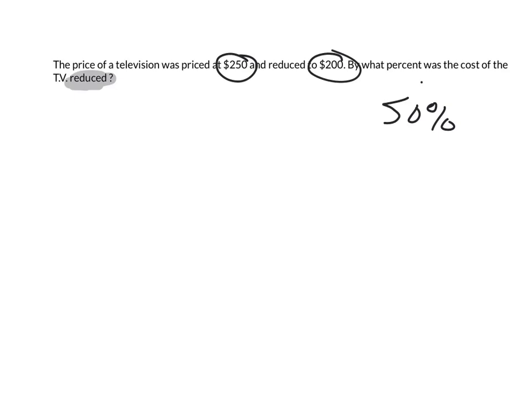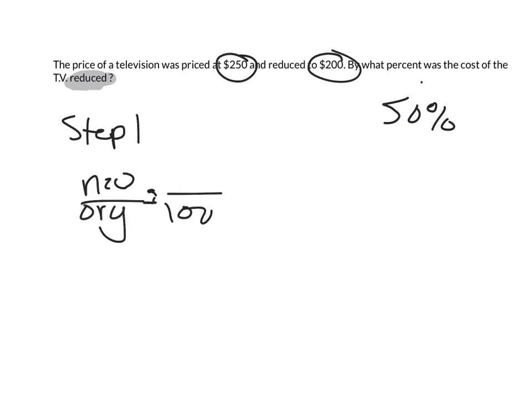Okay. So let's set up our ratio. Step 1. New over original equals some number over 100. So let's substitute what we know. So I know that it was originally 250. Okay, so I'm going to put that here.